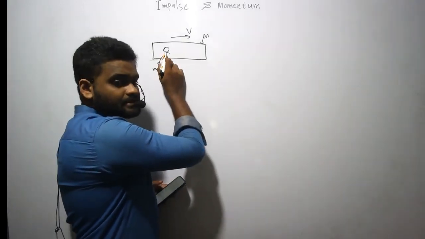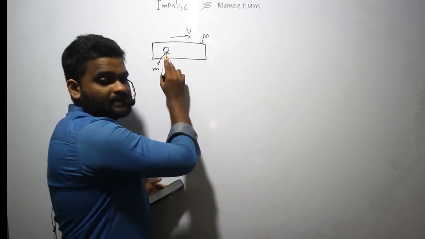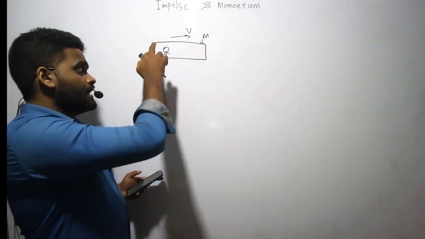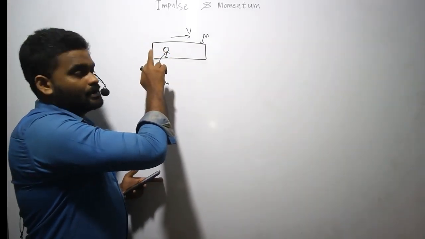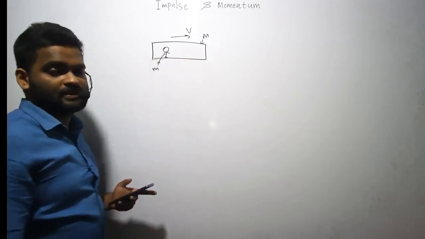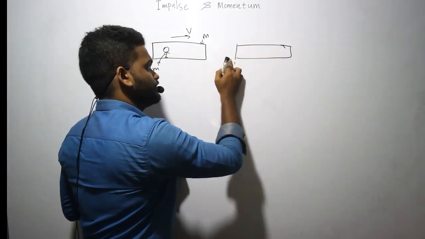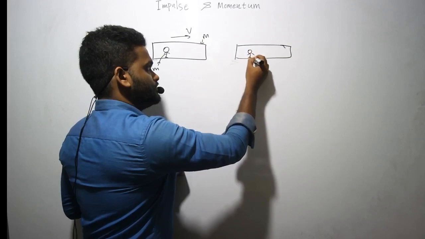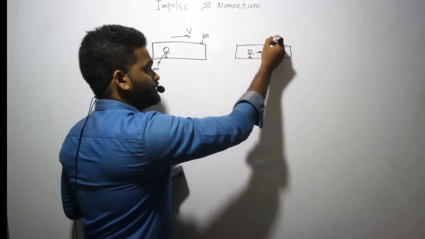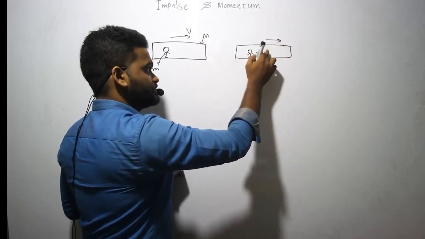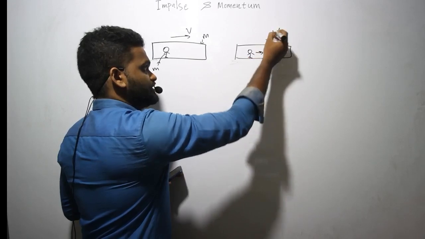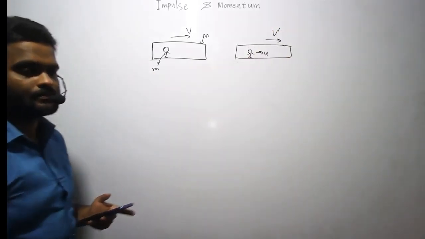So what happens is, inside the trolley, meaning relative to the trolley, the man starts to move in this direction. I'll show that in a second image. So, in the same direction. But due to his motion, the velocity of the trolley changes. Let's say V dash.